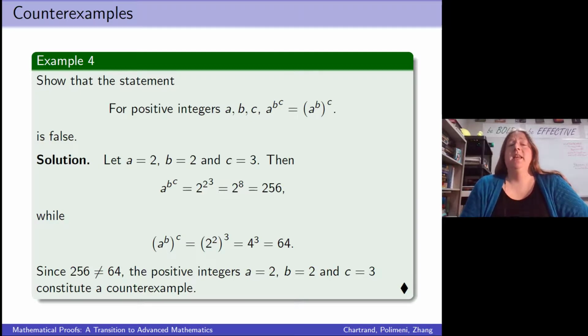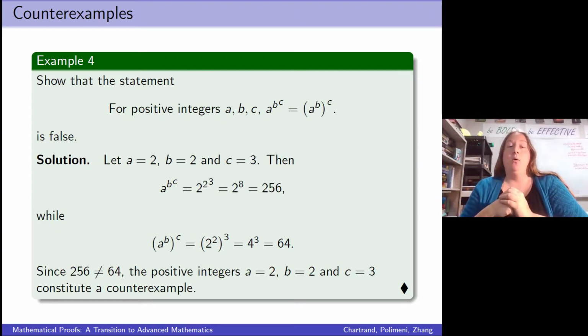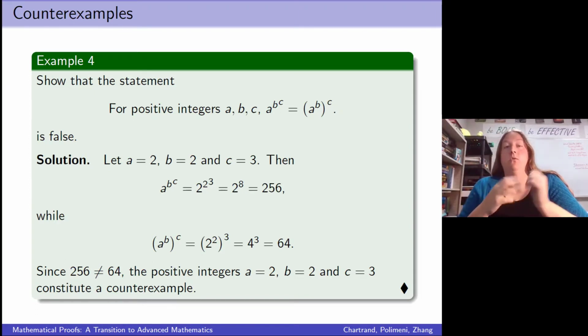So if we do this, a to the b to the c is going to be 2 to the 2 to the 3. So 2 to the third power, 2 cubed, is 8. So this is really 2 to the 8th power, which is 256. Now, if instead we have the quantity a to the b and then raise it to the c power, a to the b is going to be 2 squared, or 4, and then we'll be raising it to the third power, to the c power.